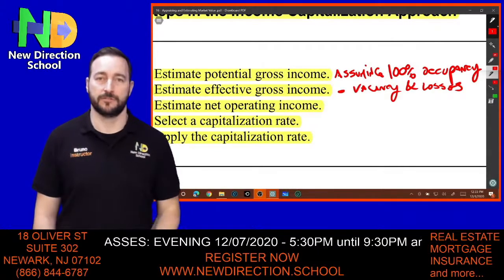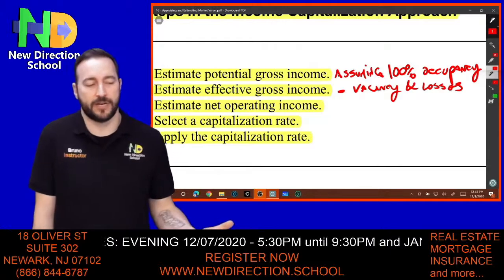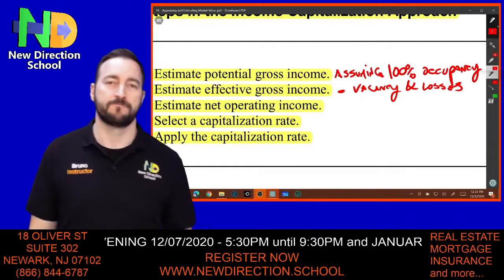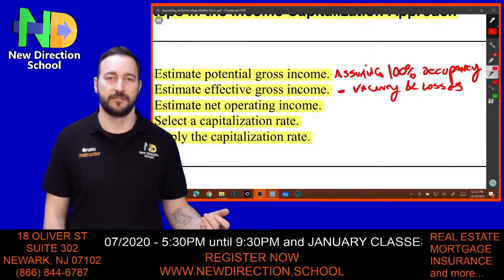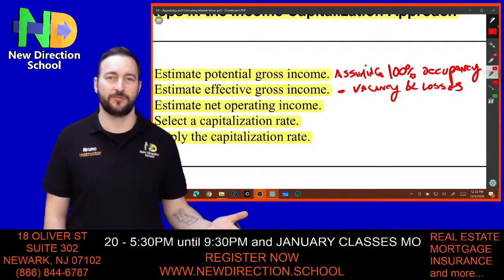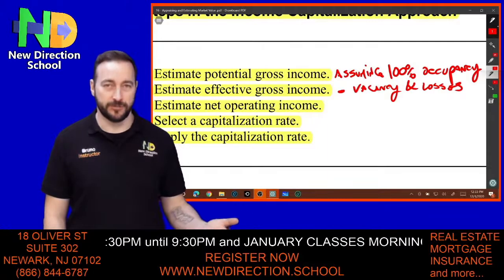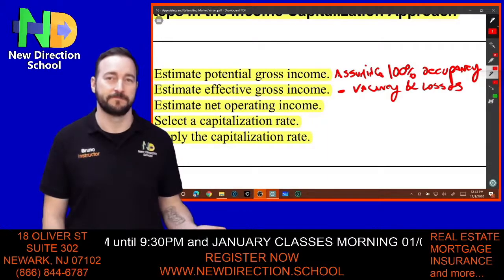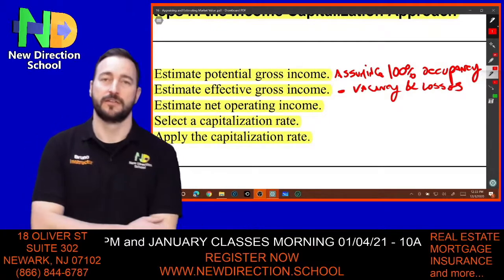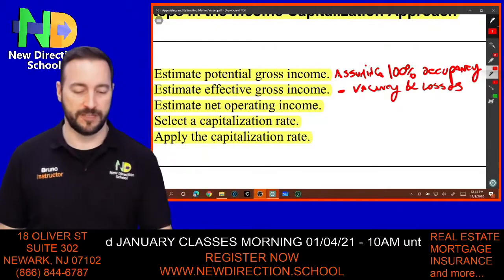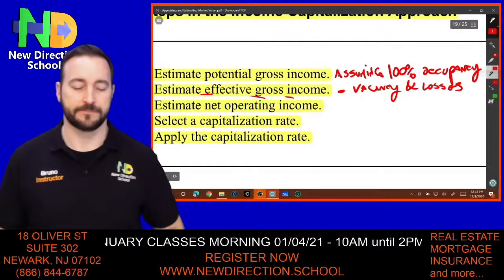There is a possibility. So it's going to be empty. How long is it going to be empty? I have no idea. But there is a possibility. What about the possibility of a tenant not paying? I mean, it's 2020. If you're a landlord, you know the possibility of a tenant not paying. So we have collection losses, rent collection losses. We have to deduct that to figure out the effective gross income.